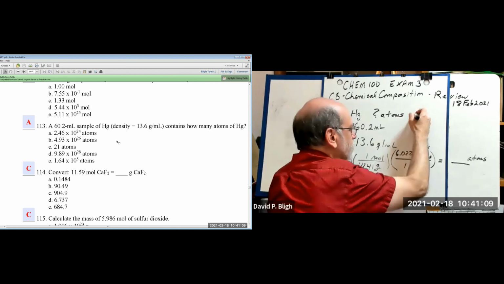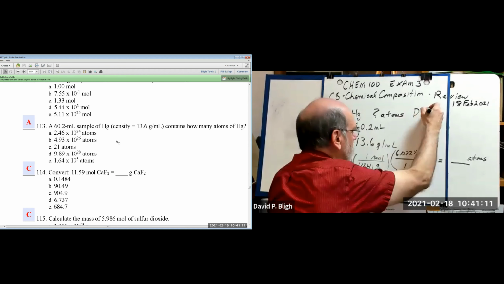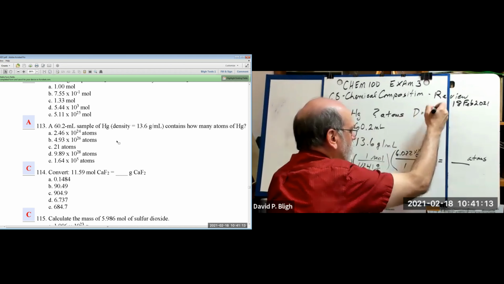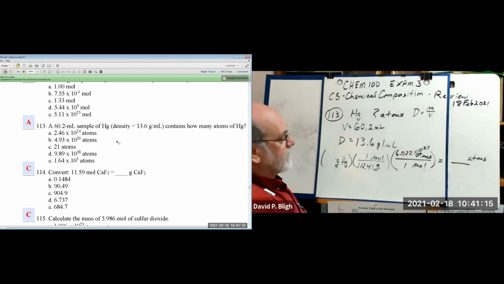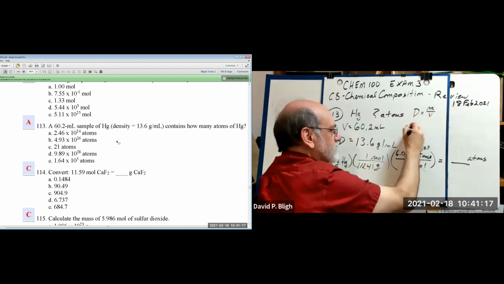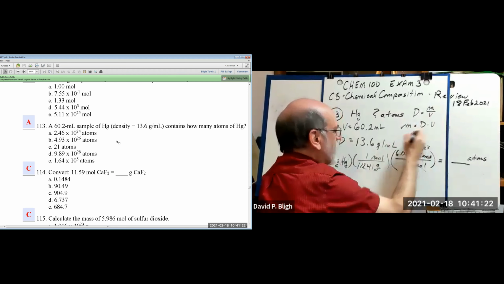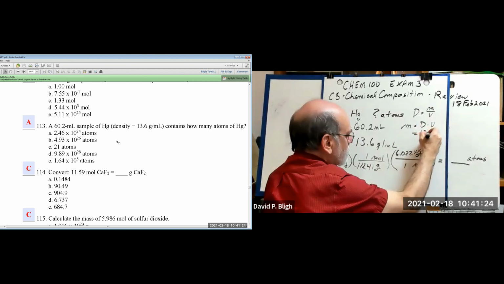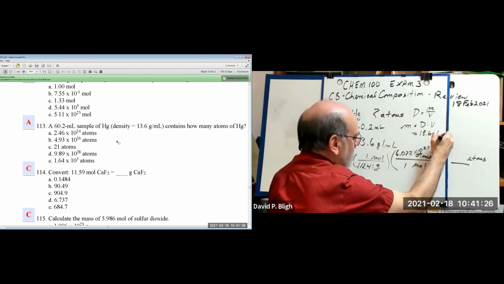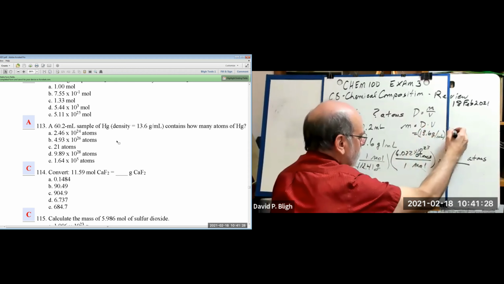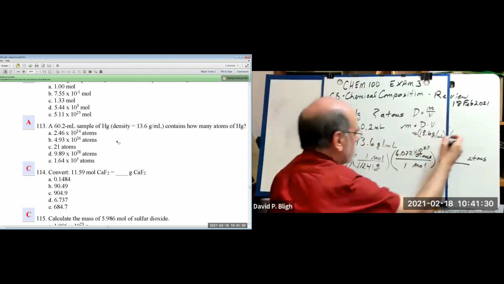You can get it by this formula. Right? We want mass, so we rearrange it. So now we say density and then volume.